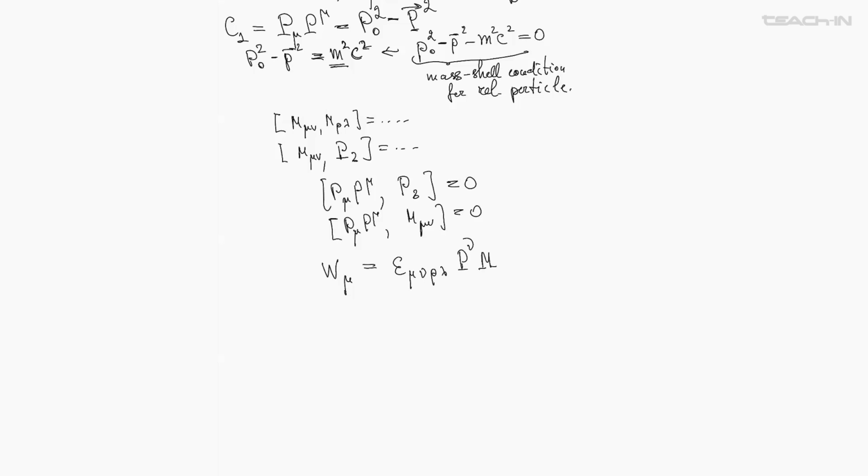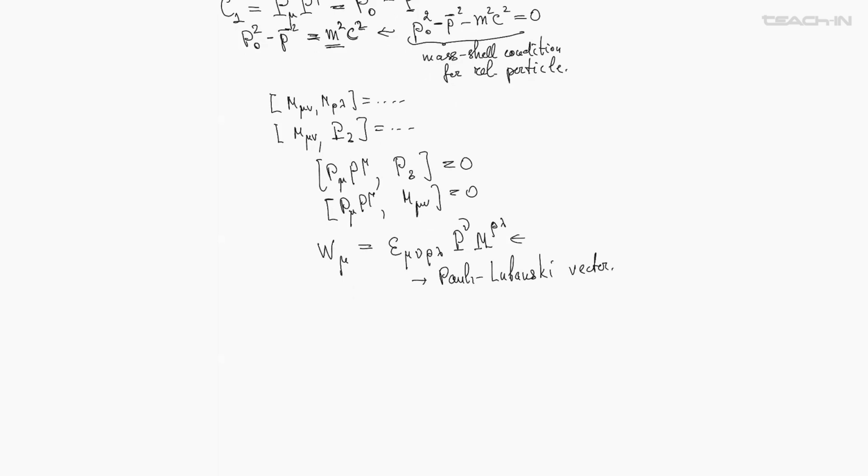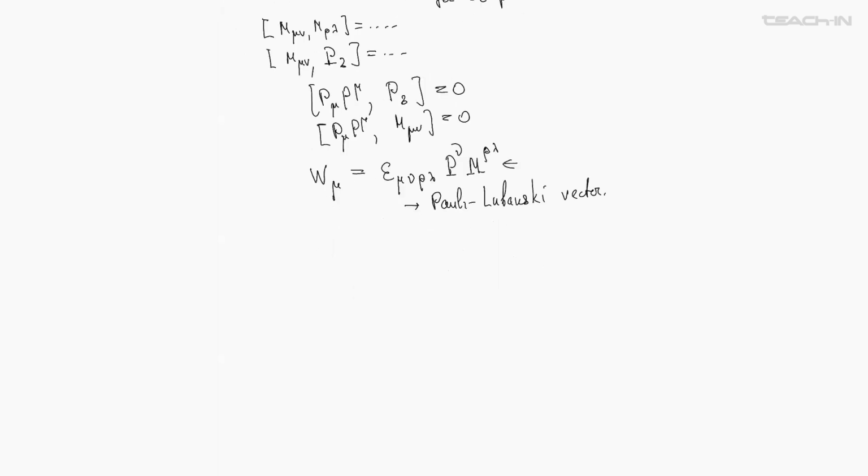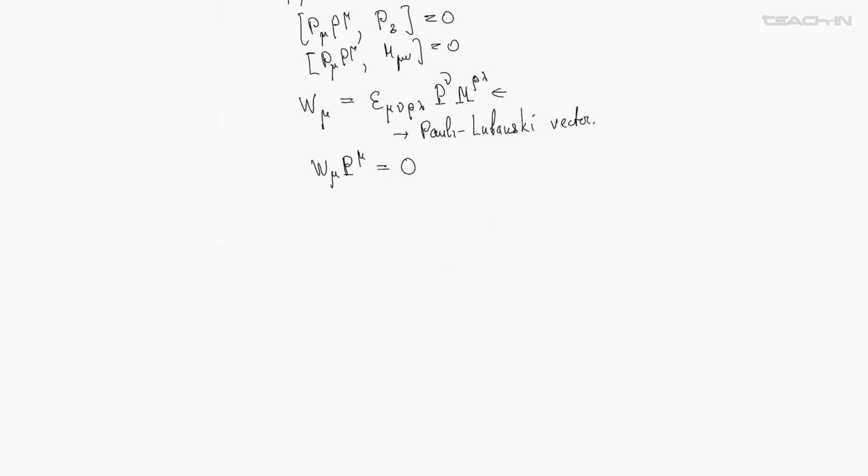This vector is called the Pauli-Lubanski vector. First of all, it is orthogonal, with respect to the Lorentz invariant scalar product, to the vector p^μ. The second property is that it may be used to build the second Casimir of the Poincaré group, which is given by the square of the Pauli-Lubanski vector.